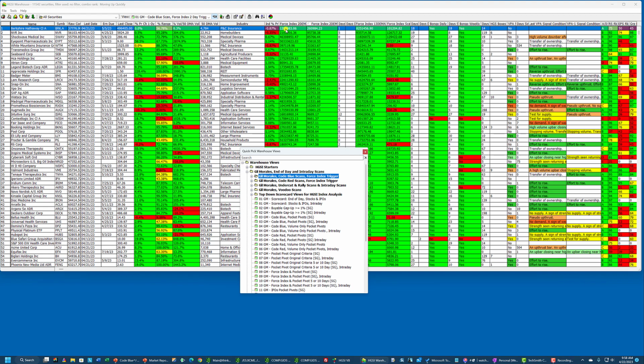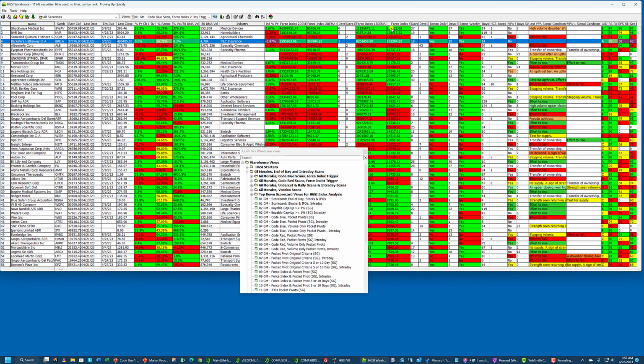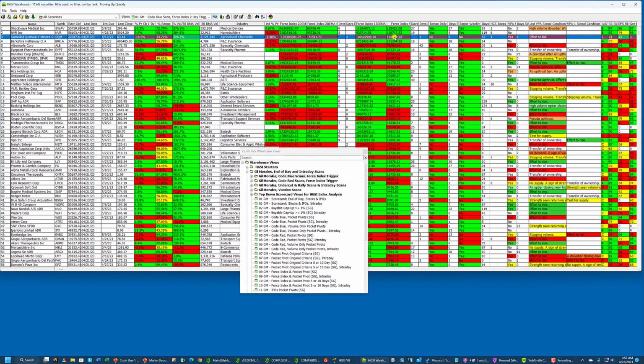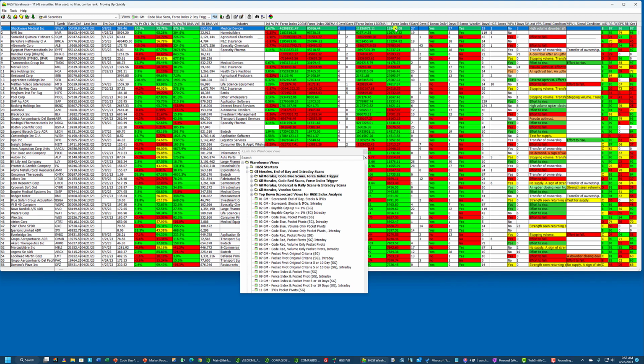And these columns in this view right here are the force index 2 and 13 and the scaled version of the force index, which shows, if you sort this, the stock with the most force will come to the top of the list, with the 2 and the 13-day over here. If you just click on that. Now, if it's red, it's a down force. If it's green, it's an up force.